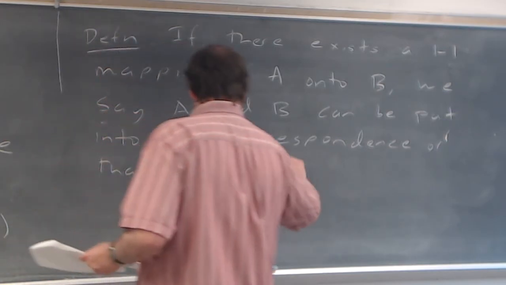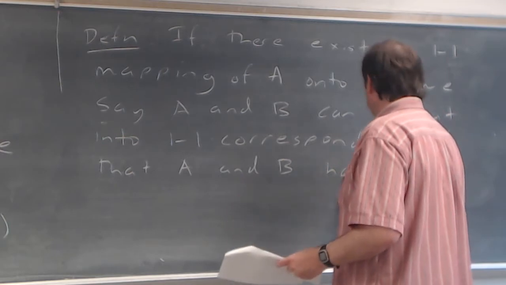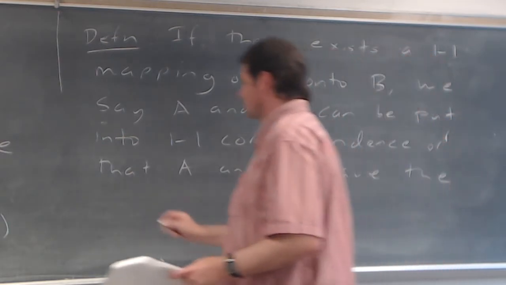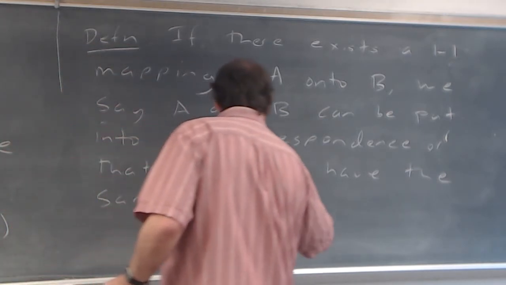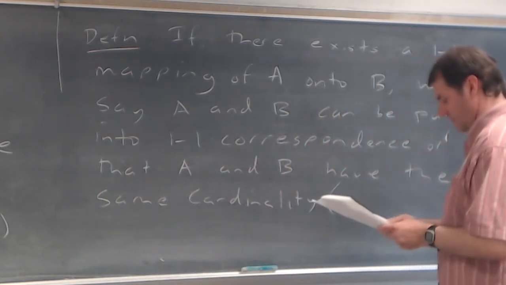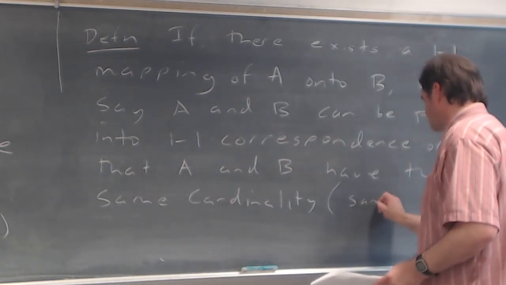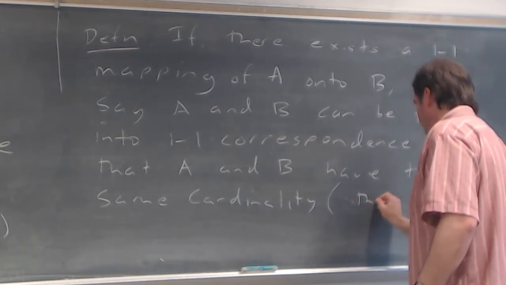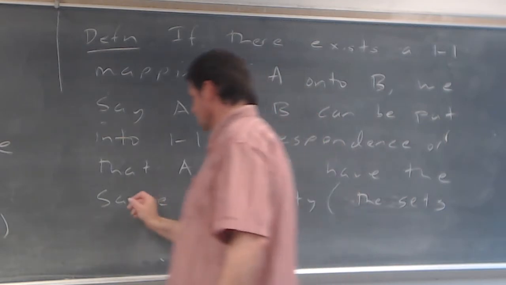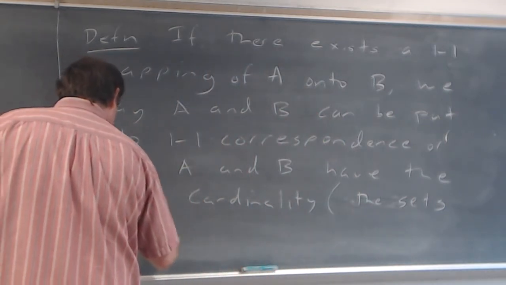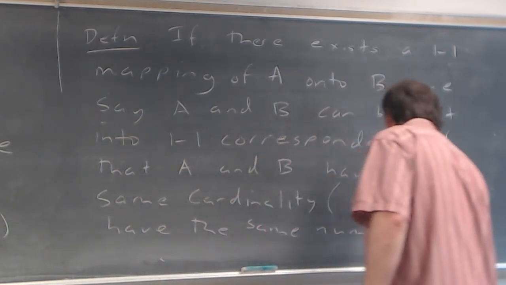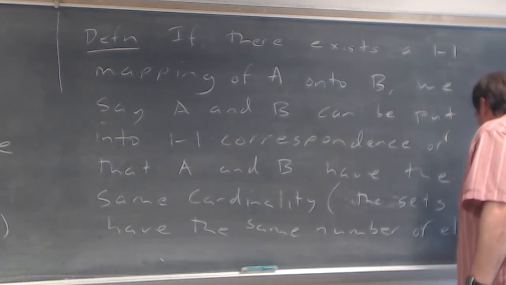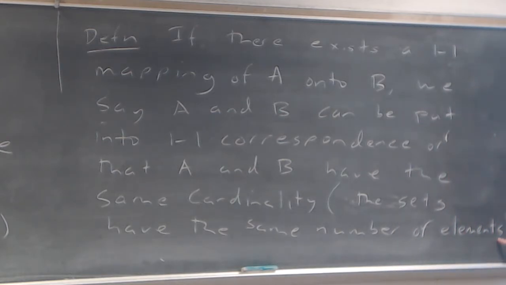Or that A and B have the same cardinality. What we mean by that is that they have the same number of elements. The sets have the same number of elements. Okay, here I'll write this a little bit below.